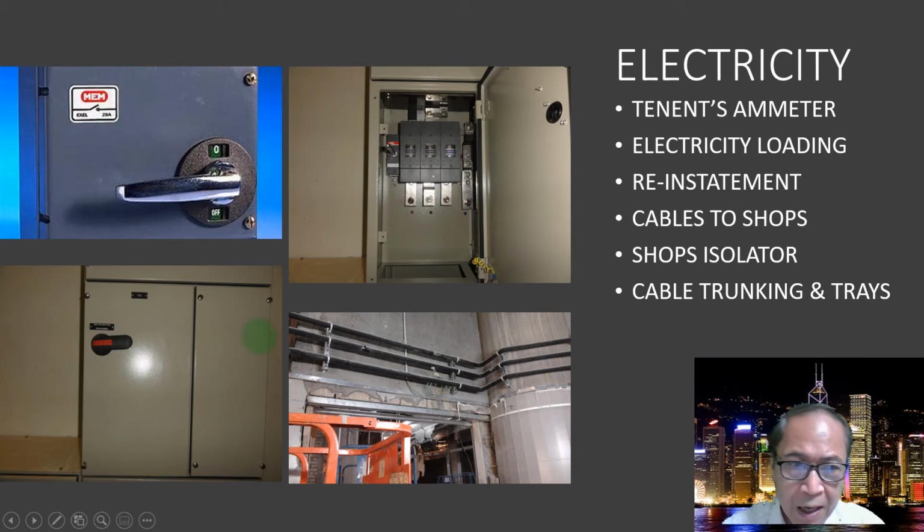This is a big isolator, mostly for a big shop or a restaurant. It's very big, mostly 300 ampere, 3-phase. You see, it's a big fuse. 3-phase, 3 cable. This is the isolator. The switch is here. This is 3 numbers of fuse.